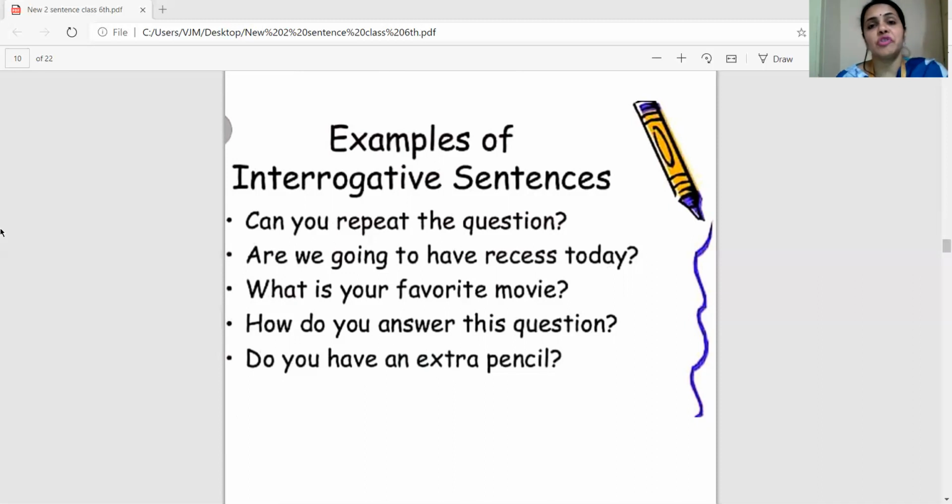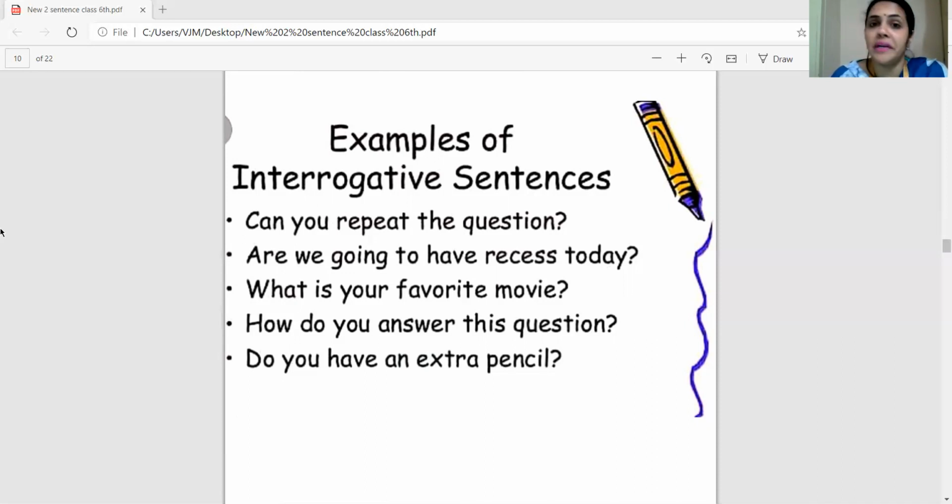Now see, what is the speciality of a WH question and an interrogative made with an auxiliary? Whenever it's a WH question, it is also called an open-ended question, which means you are asking these questions for more information.